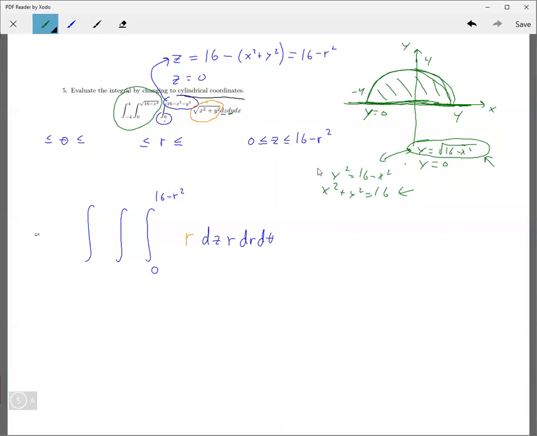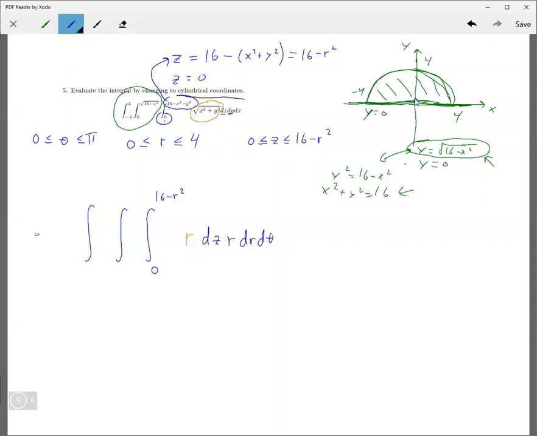So what are the limits on r? Theta is 0 to pi. And r is from 0 to 4.